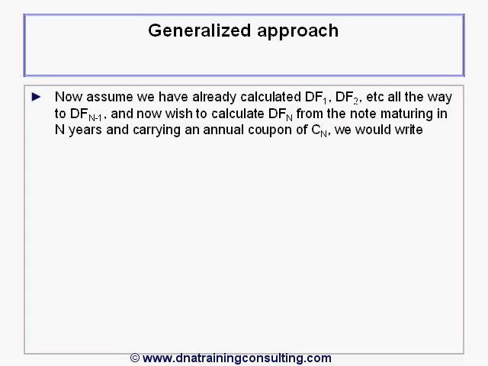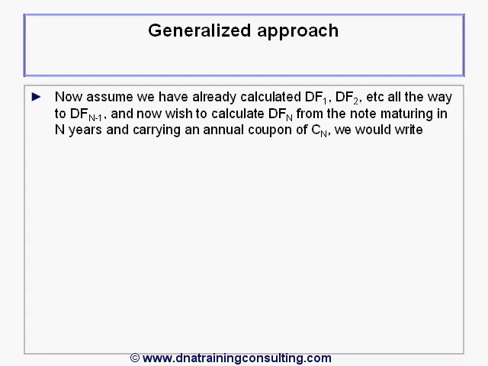More generally, assuming we have already calculated df1, df2, etc. all the way to dfn minus 1, and that we now wish to calculate dfn from the regular coupon-bearing note maturing in n years and carrying an annual coupon of Cn.